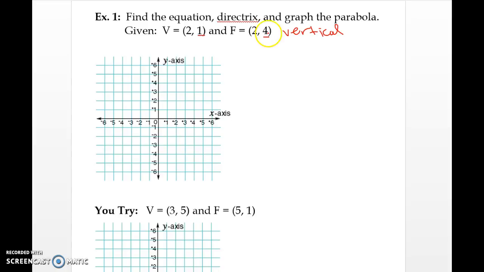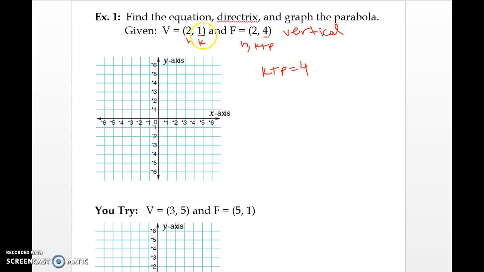So I can plug in: your vertex is (h, k), and your focus is (h, k plus p). So what we can do is I can say k plus p equals 4.